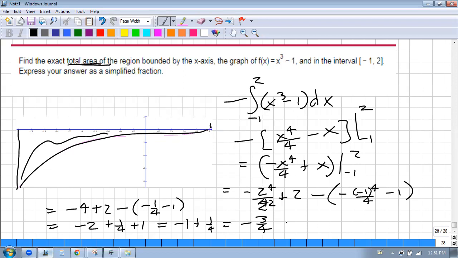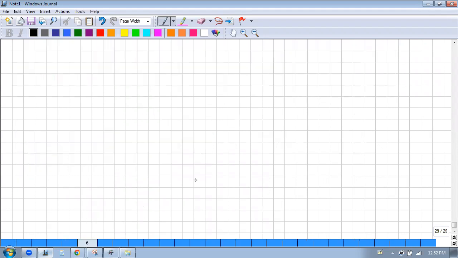That ain't right. I should be getting a positive number. I screwed something up somewhere. We're going from minus. Oh, I drew my picture wrong. We're going from minus 1 to 2. Yeah, I totally screwed this one. In my graph here, I read it backwards.